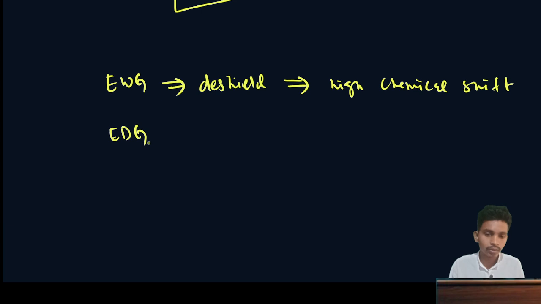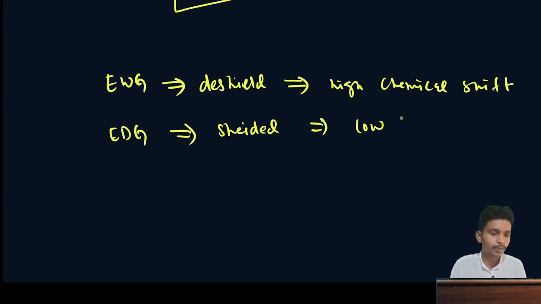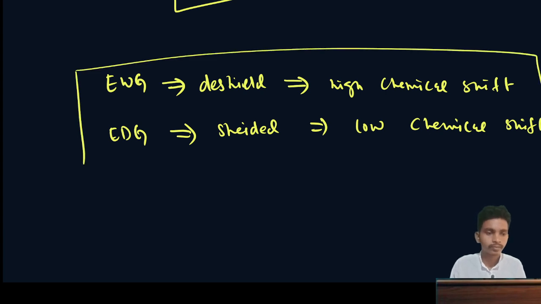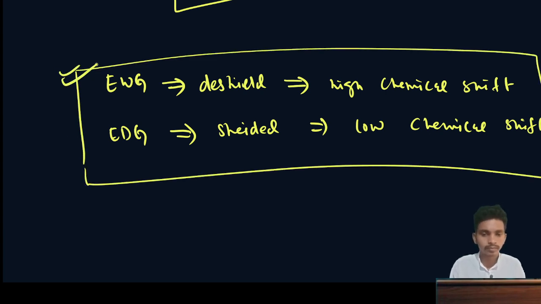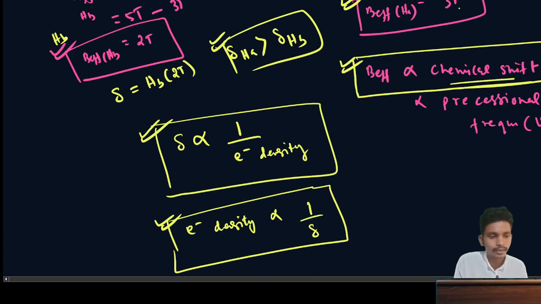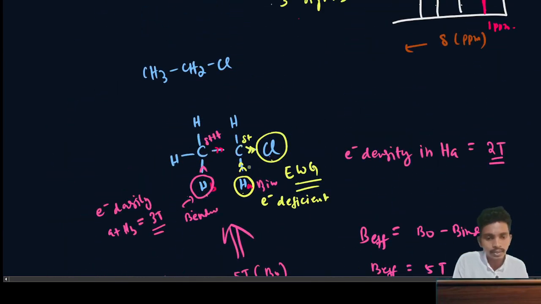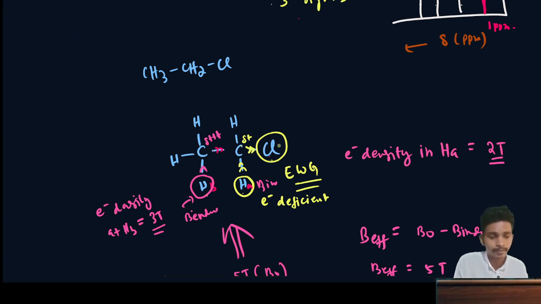If we have an electron donating group, then that will shield the atoms, and it will give a low chemical shift value. So from here it is clear that this will be the electron withdrawing group, giving deshielding, and you have the high chemical shift values.